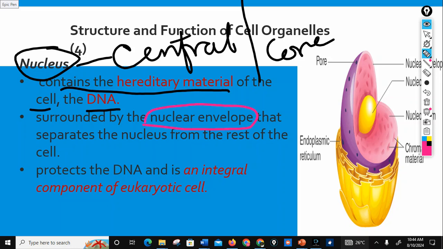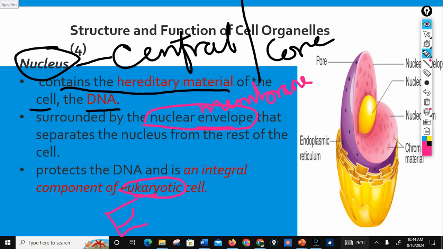Remember we said the eukaryotic cells possess membrane-bound organelles. So the nucleus is a membrane-bound organelle. It is bound by the nuclear envelope, or nuclear membrane, that separates the nucleus from the rest of the cell.